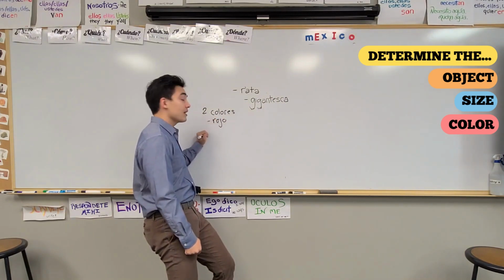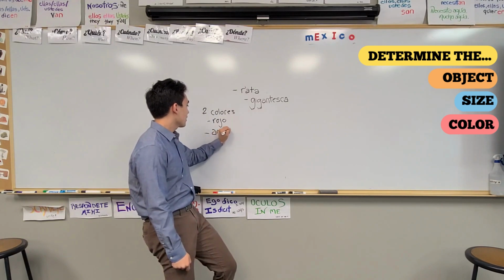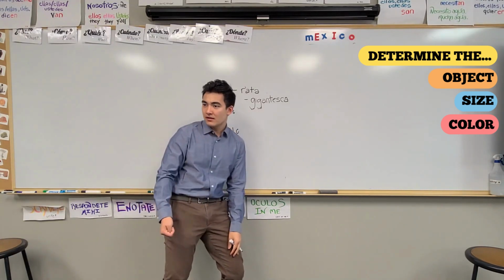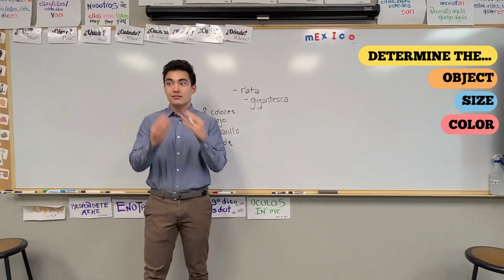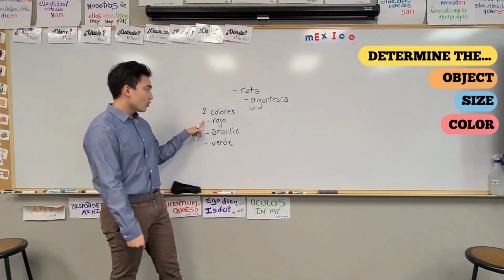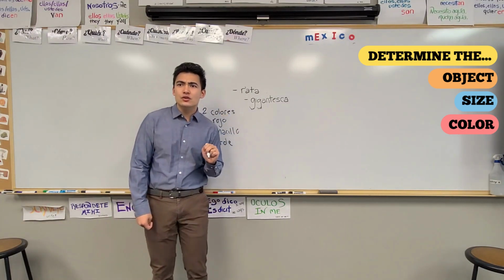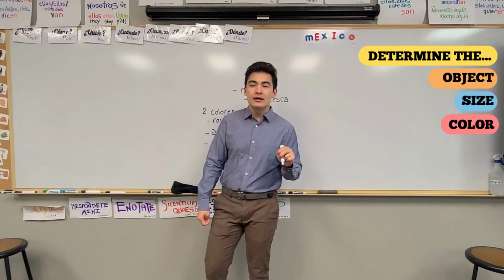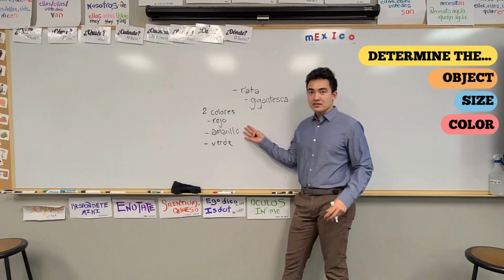Rojo. Ok. ¿Qué más? Amarillo. ¿Algo más? Verde. Clase, mira, hay 1, 2, 3 colores, pero ¿cuántos colores tiene la rata? 2. La rata tiene 2. So then I'll give Profe Dos a little bit of power.